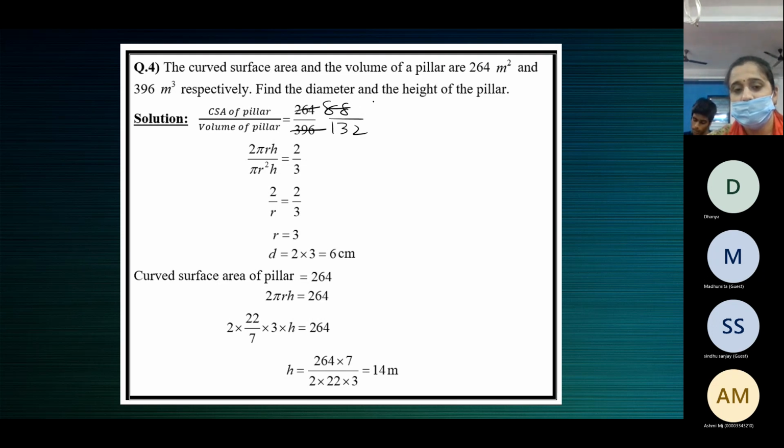Then 88 divided by 4 gives 22, and 132 gives 33. Then by the 11 table, we can cancel it as 2 by 3. Very good. You should do the simplification.